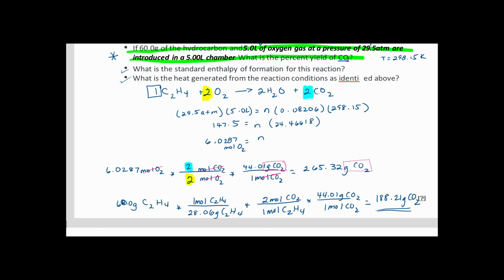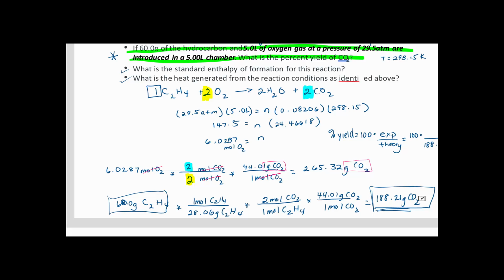So that means my limiting reactant is the hydrocarbon, but that wasn't the question that was asked. The question was, what's the percent yield? So this is my theoretical yield. Remember that percent yield is 100 times the experimental value over the theoretical value. The theoretical value is this 188.21 grams.